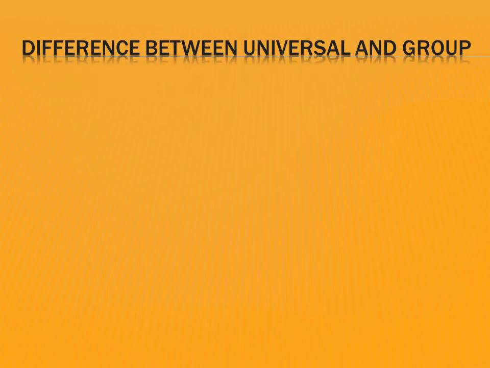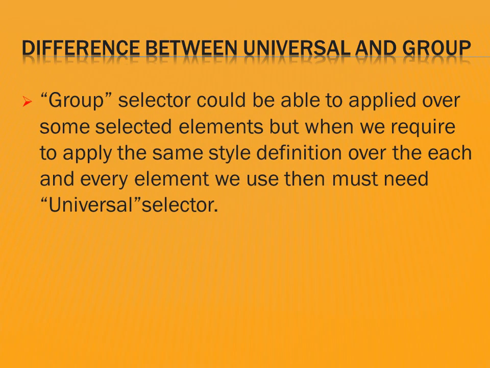So now I will explain the difference between the universal and the group selector. If you require changes to some of the elements in your HTML code, then you must go with the group selector. And if you require applying the same style definition over all the elements enclosed in your HTML code, then you must go with the universal CSS selector.